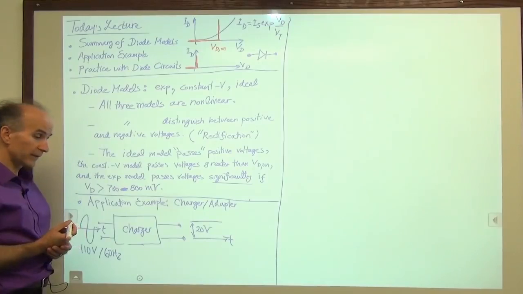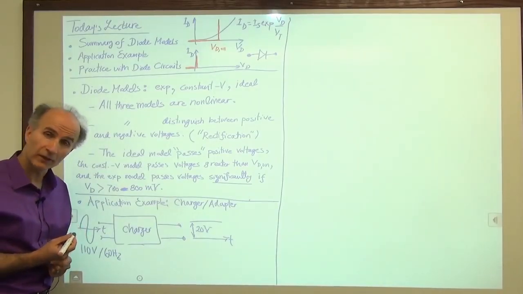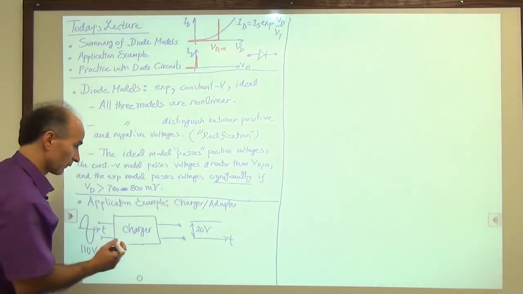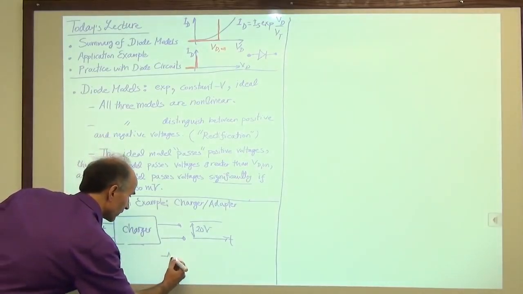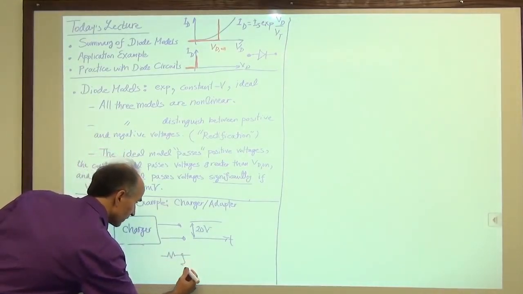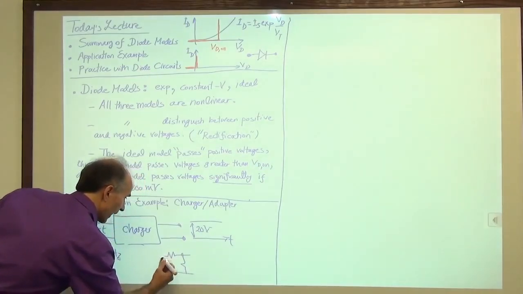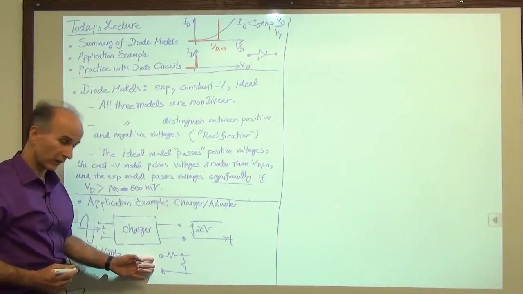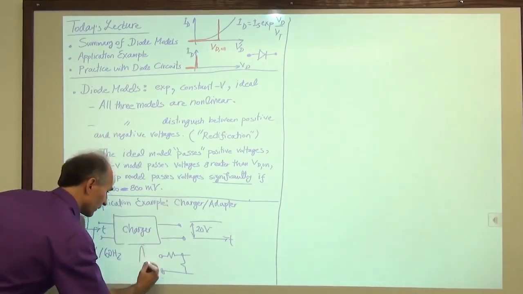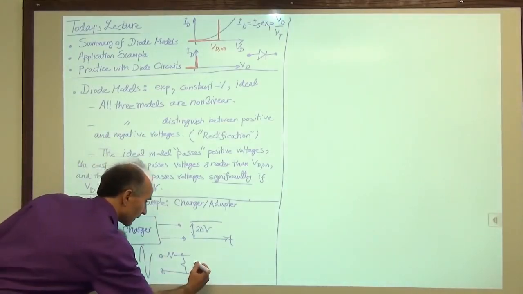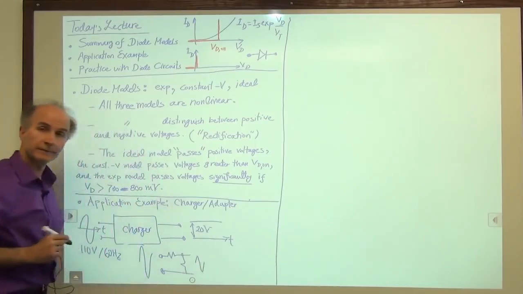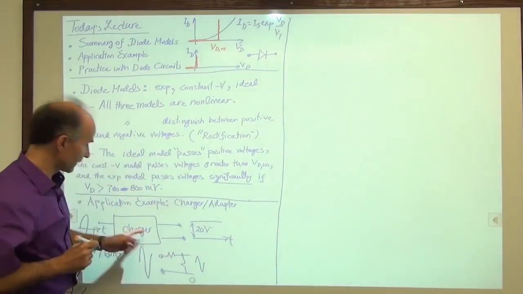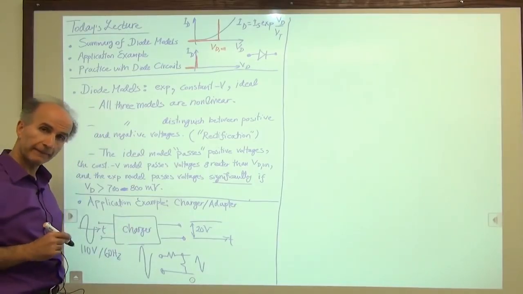Well, you can use a resistive divider that you have seen in basic circuit theory. If you remember, a resistive divider looks like this, and it attenuates whatever we give to this side. So if we give it a large sinusoid here, then on this side we'll have a small sinusoid. You can do that. But we don't use this inside the charger. Why?